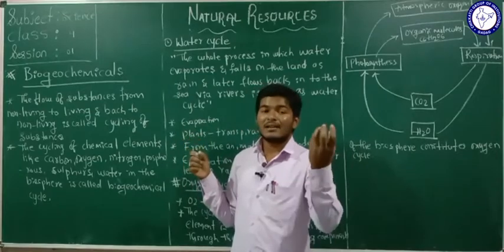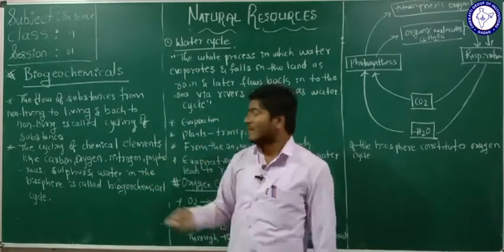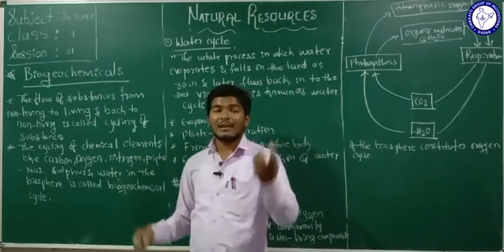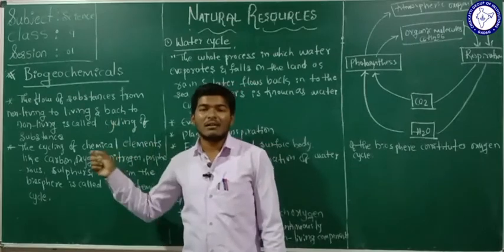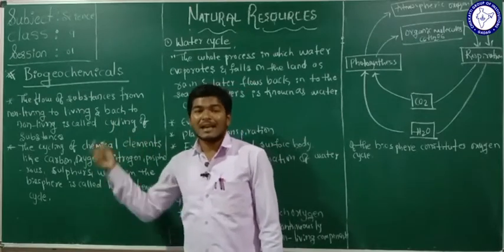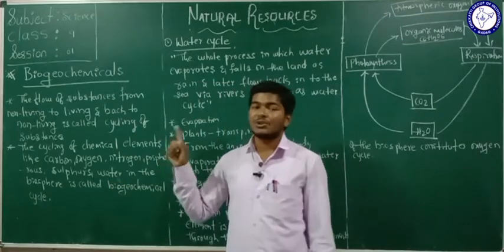Because they are utilized by biological organisms, that is living organisms, and the cycle runs in the biosphere. Therefore these are called biogeochemicals, and the process of cycling is called a biogeochemical cycle.